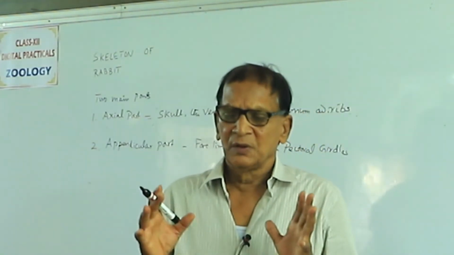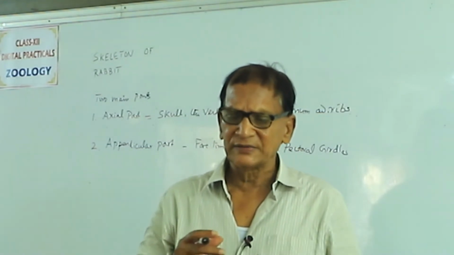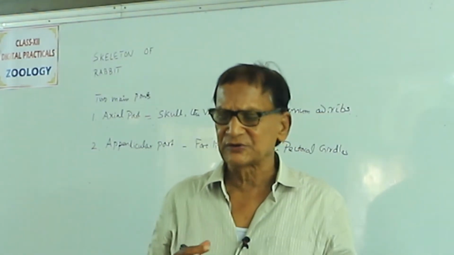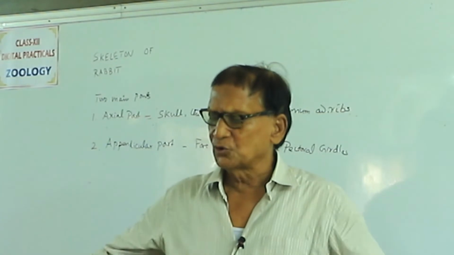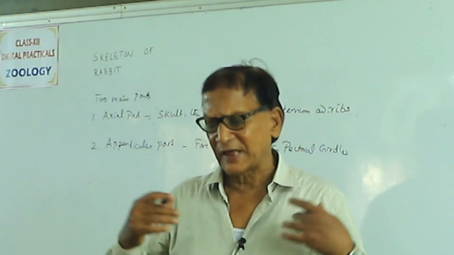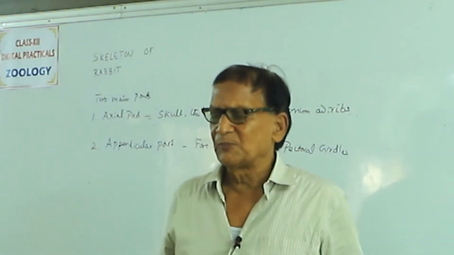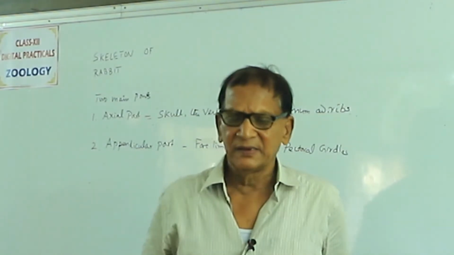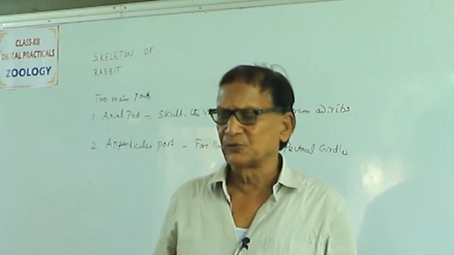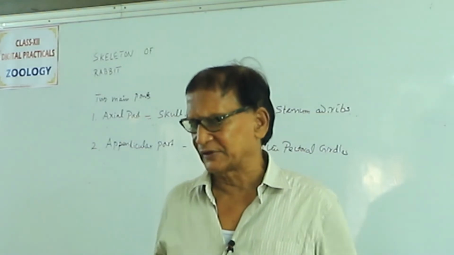So two girdles are present, one in the chest region, that is called the pectoral girdle, to which the forelimbs are attached, and a pelvic girdle in the waist region, to which the hind limbs are attached.